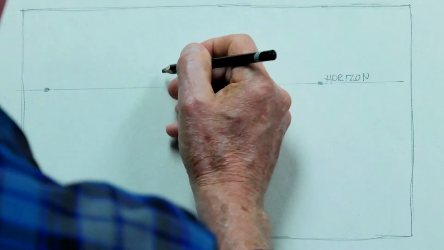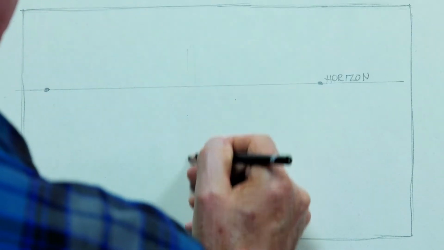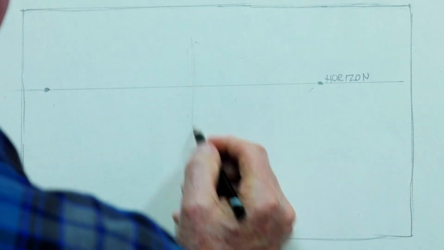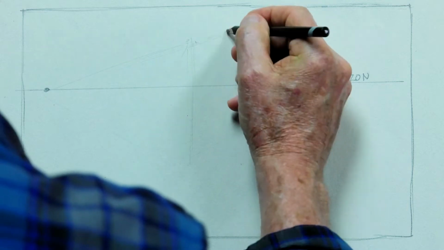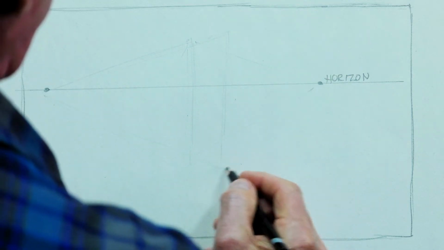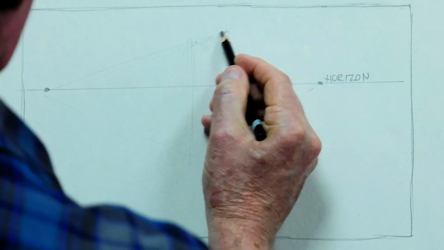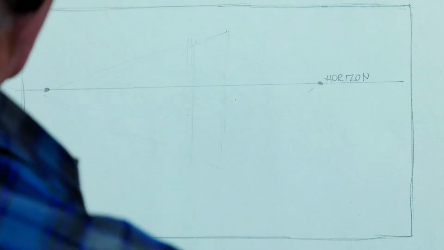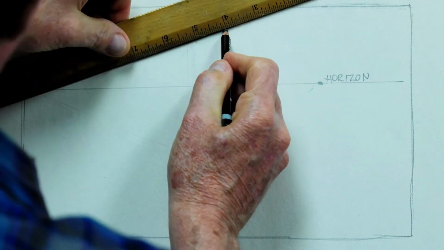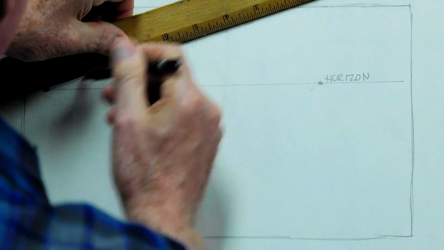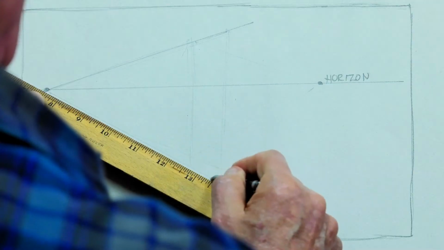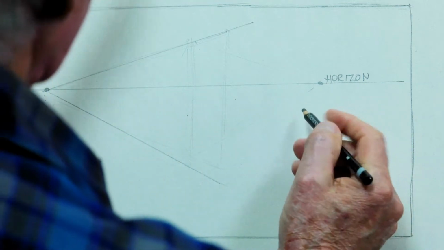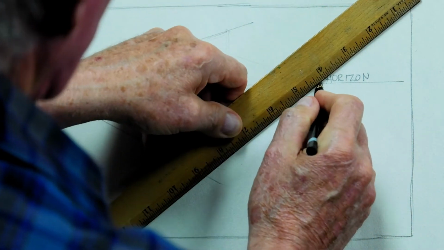So I say I want a house kind of in the middle here. Well, let's put it off to one side, just slightly. Okay, make it there. All right, so I've decided I want a house about this tall. So I take my vanishing point, and you don't have to use a ruler with this. You can pretty much do it by eye. I just wanted to be accurate here, so I'm using this ruler.